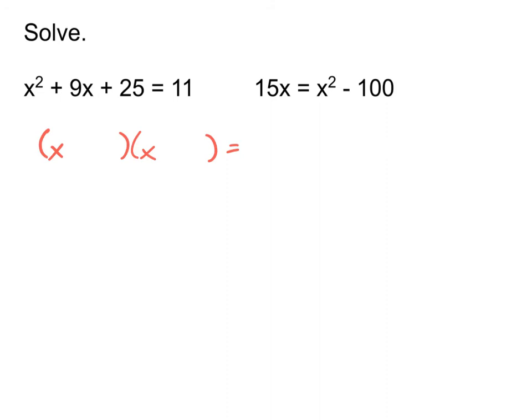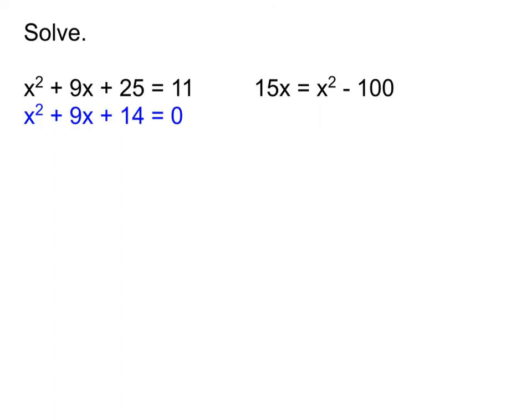So first step, move the 11 to the other side. So the very first thing I'm going to do, subtract 11 from both sides. Notice you then have our quadratic set equal to 0. Now you can solve it like what we were doing on the last set. And so we look to factor it.